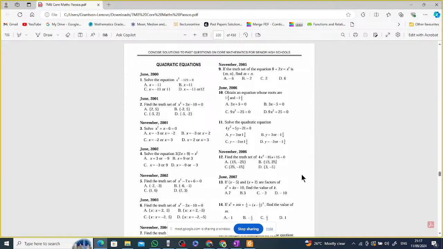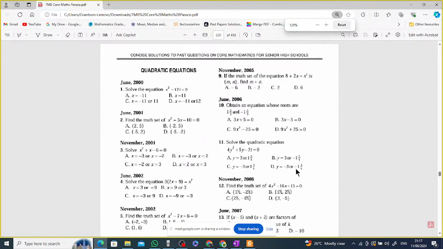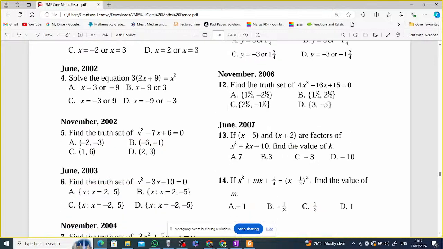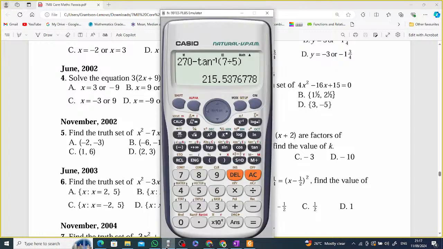I'm listening. For example, this question. Find the truth set of this one. Maybe you can do it. This one is easy. You go to your calculator, Mode 5-3.